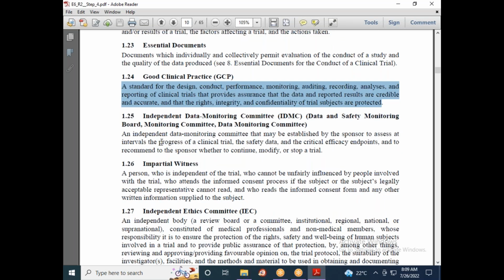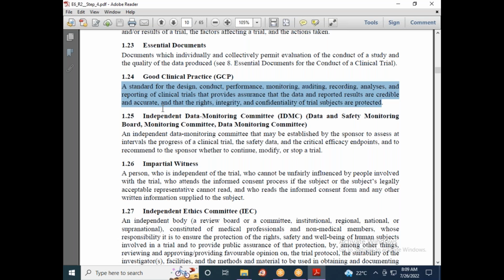Now you can see IDMC. IDMC stands for Independent Data Monitoring Committee. This committee has the right to investigate your trial, check your safety data and critical efficacy endpoints, and to recommend.